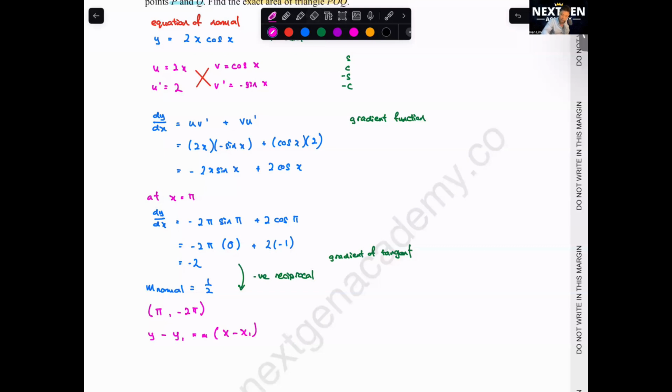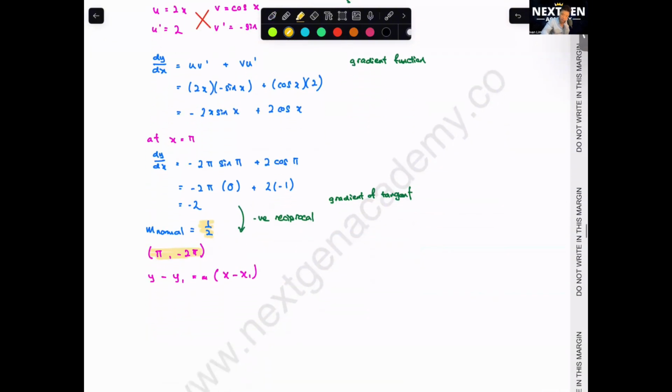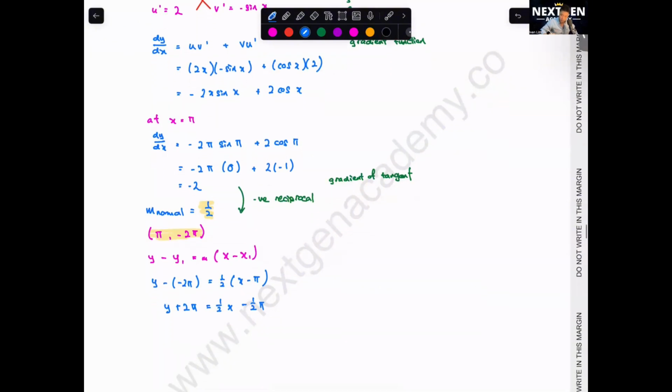So we will get y minus negative 2 pi equals 1 over 2 times x minus pi. y plus 2 pi equals 1 over 2x minus 1 over 2 pi. We will get here y equals 1 over 2x minus 5 over 2 pi. This is your equation of normal.